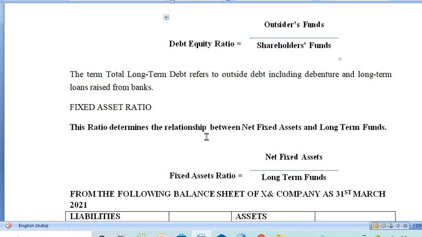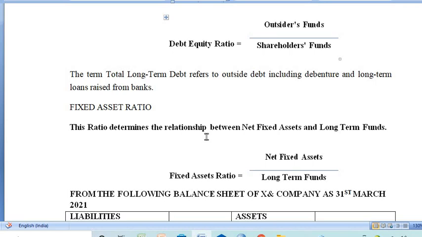Net fixed asset refers to the balance value of the particular asset in the business after subtracting depreciation from the fixed asset. Then what is the term long-term fund? Long-term fund is the internal liability of the business along with any long-term liability of the business added together.